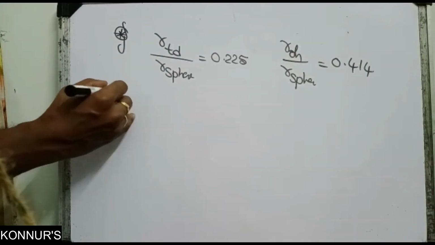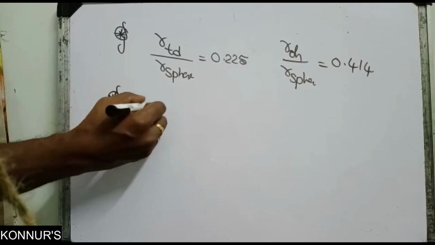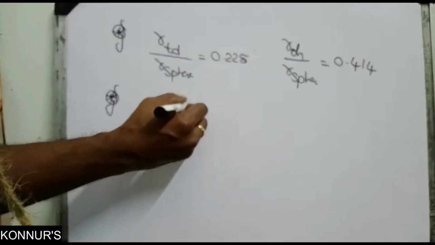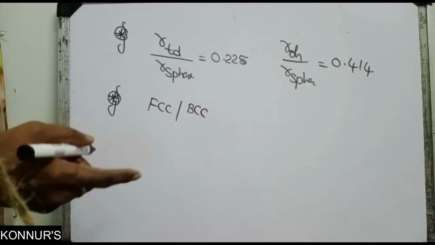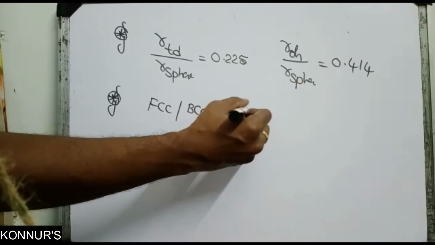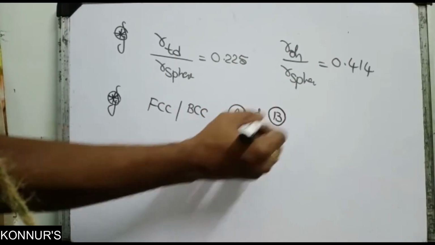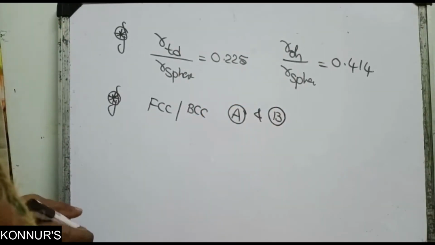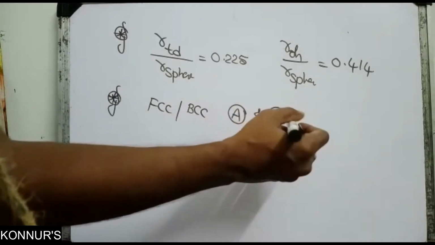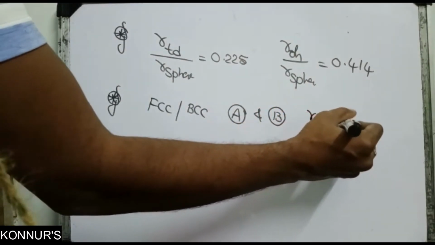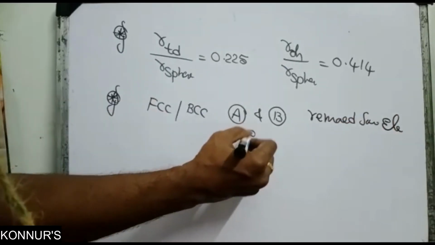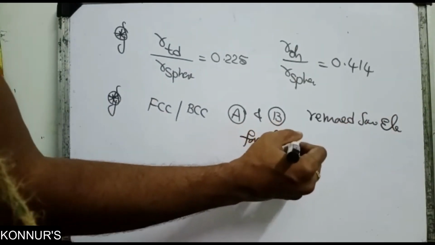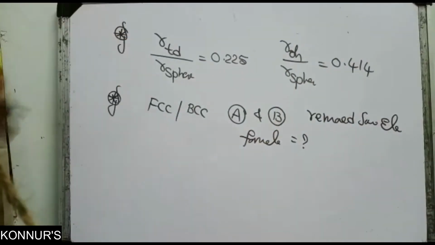Next, in the problems, they will mention FCC structure and BCC structure. Some are occupied at corner points, some at face center points, body center points. Next, they remove some elements. Then what is the formula? Like that, they will ask a compulsory question.